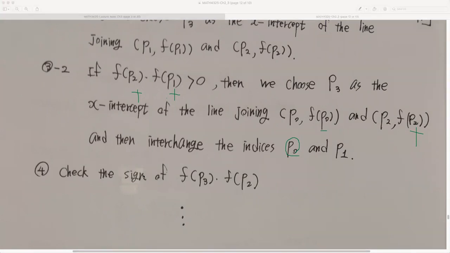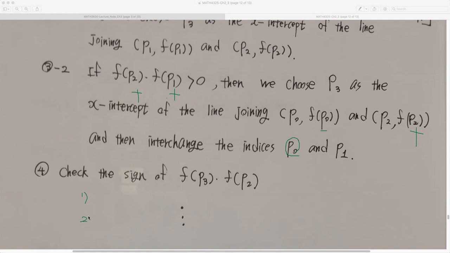Then we have two cases, right? Case one: f of P3 times f of P2 is less than 0. Okay, that's good. We're going to find the secant line passing through P2 comma f of P2 and P3 comma f of P3.